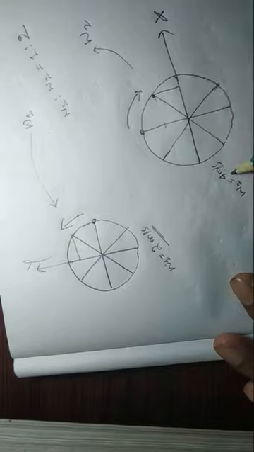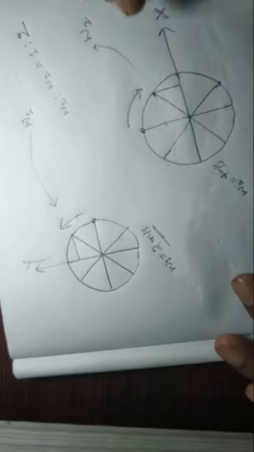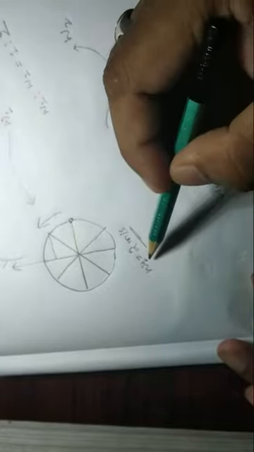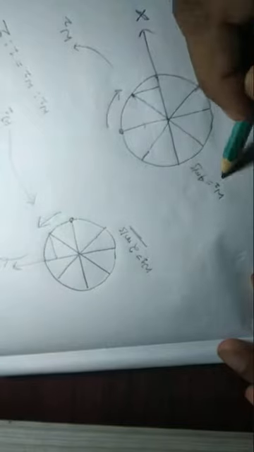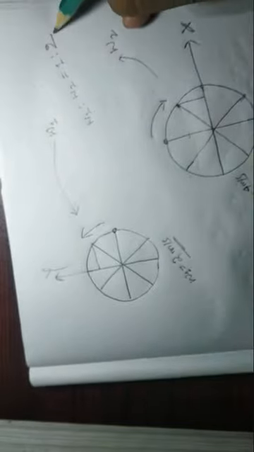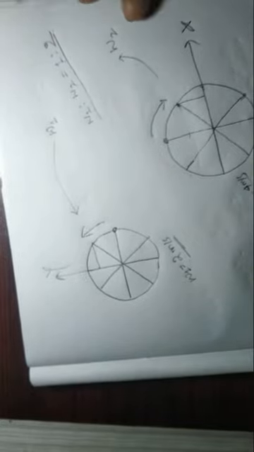This is an example for better understanding. So omega 1 is to omega 2 is equal to 1:2. That is what has been written here.